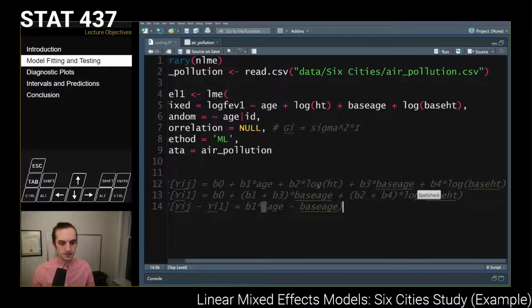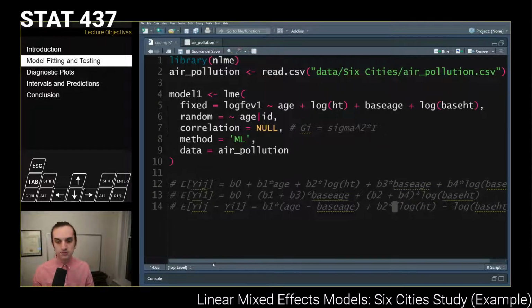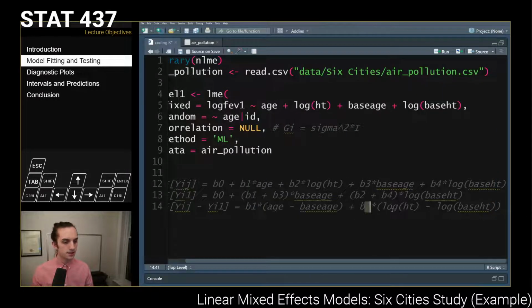And then we'll have beta 2 times log height minus log of baseline height. And now we have beta 3 times baseline age, but we also have that down here, and we have beta 4 times baseline height. We also have that down here. So those terms will cancel out. And so we're left with beta 1 times our change in age, and then beta 2 times the change in log heights.